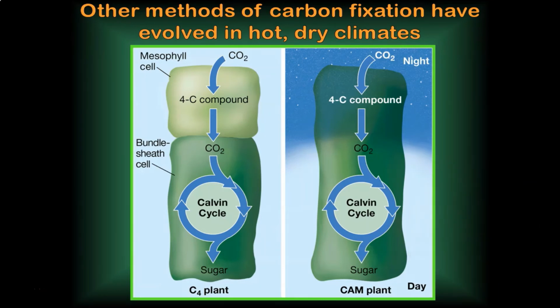For example, a C4 plant, what happens is CO2 comes in, and it's in this mesophyll cell, okay, and you actually store it as a 4-carbon compound, okay, and then when you need the carbon dioxide, you have it stockpiled. For example, if it's a hot day and this plant decided to close its stomata down, and you're like, oh no, I'm out of CO2, well no you're not, because in your mesophyll cell, you have a whole bunch of 4-carbon compounds formed, which you can certainly hydrolyze and get CO2 out of them.